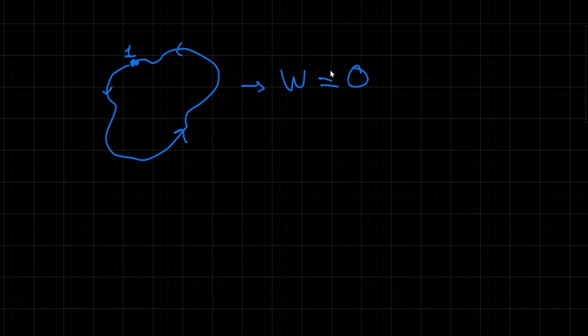So if I have an object moving around like this and coming back to where it starts, then you could say that the work done by this equals 0. To prove this, we have maybe a point 2 here. The total work equals the work from 1 to 2 plus the work from 2 to 1.